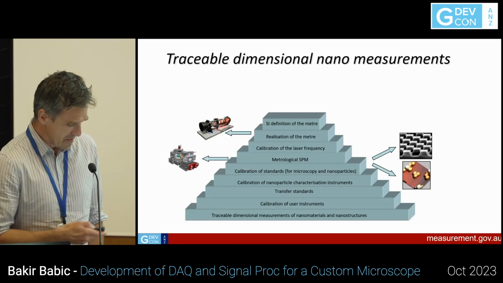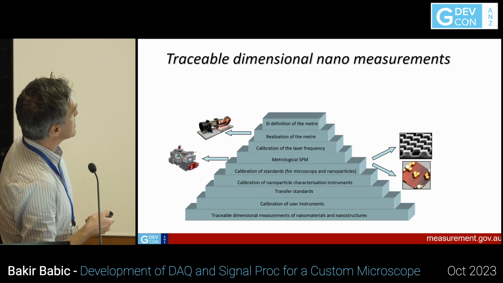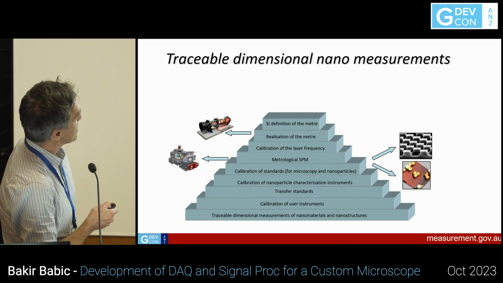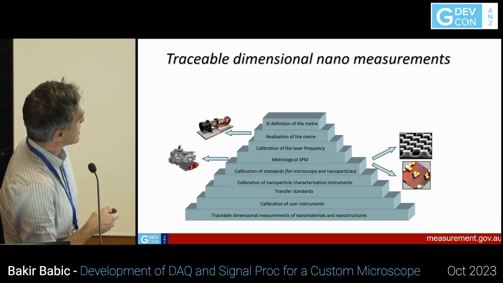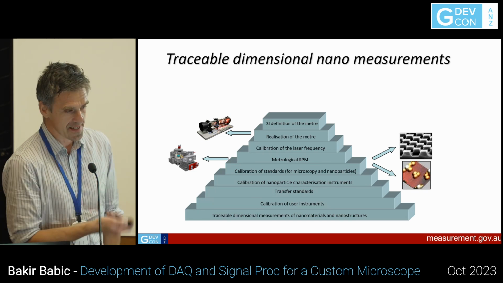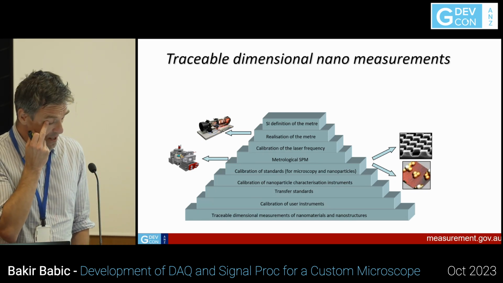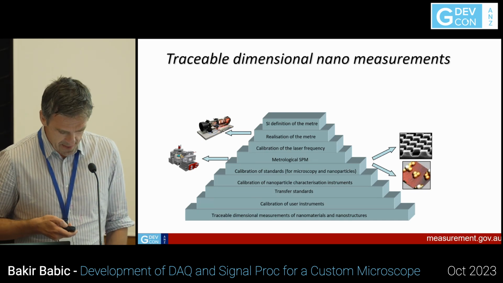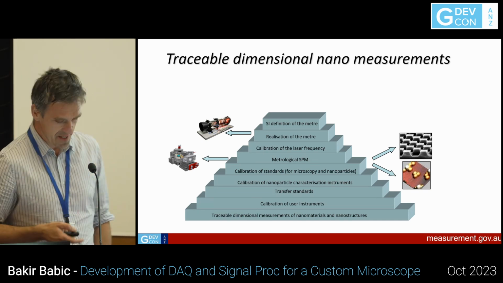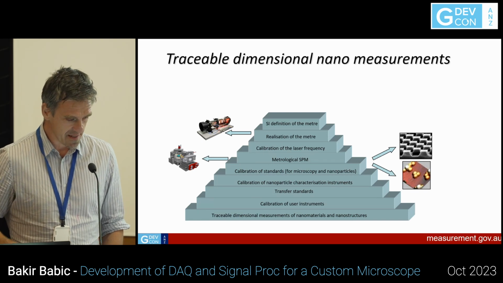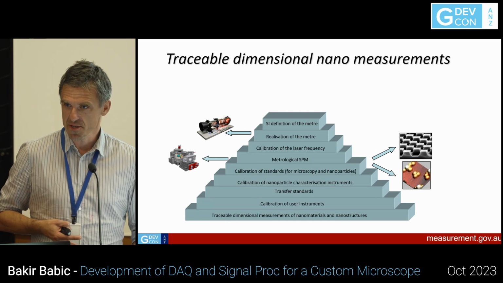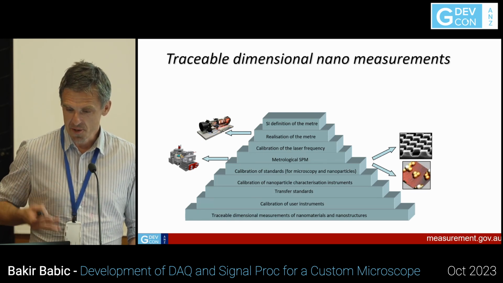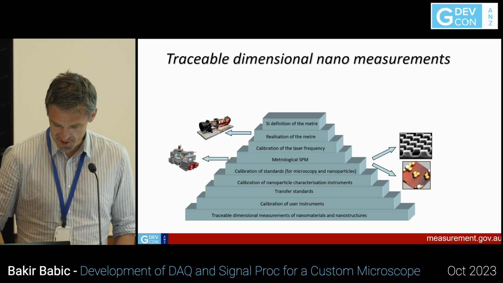Okay, so where our instruments sit is, if you have the SI definition of a meter, the realization of the meter, then you have to calibrate the laser frequency, and then it's our instrument, known as a primary standard for nanometrology. I would like at this point to emphasize that this instrument is designed and built in Australia. Some components are commercial, but it's actually something which you cannot buy commercially.